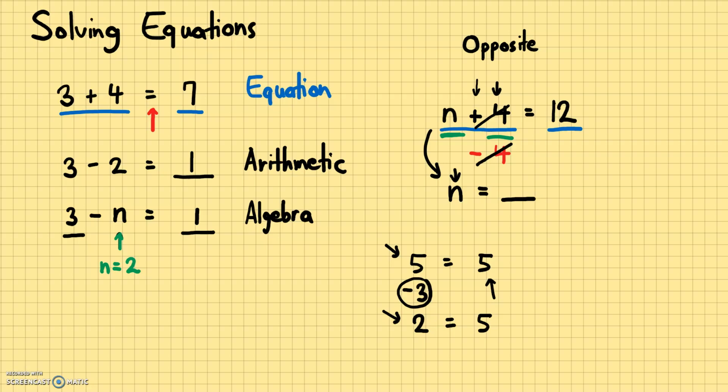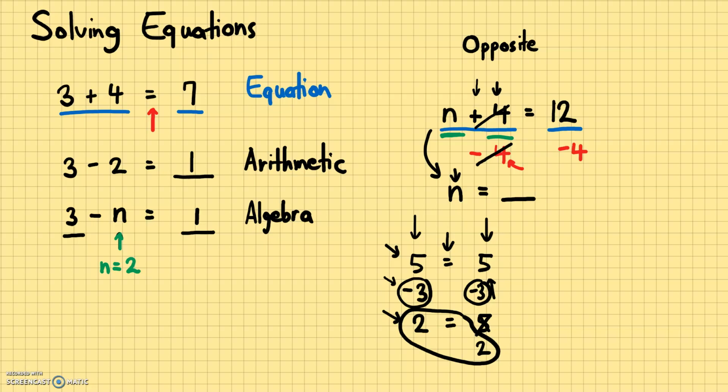So in an equation, you have to do the same thing to both sides of the equation. When you subtract a 3 on this side, you have to subtract a 3 on this side as well. That way, instead of a 5 here, we'll get 2 here, and our equation will still be true. So when we subtracted 4 on this side of the equation, we also need to subtract 4 on the other side.